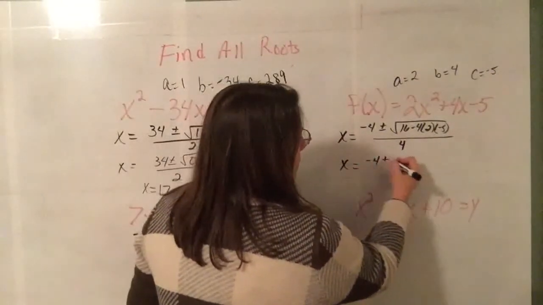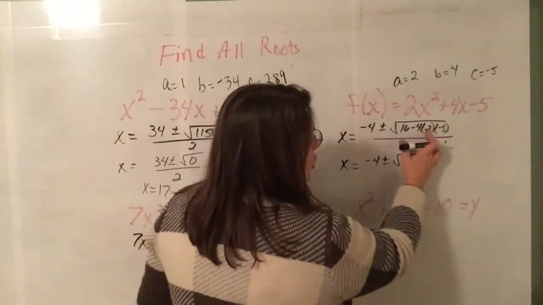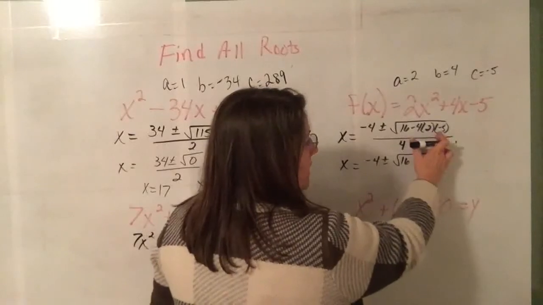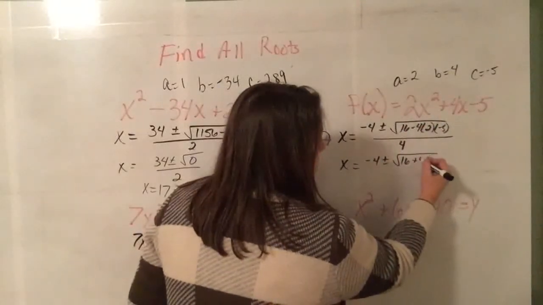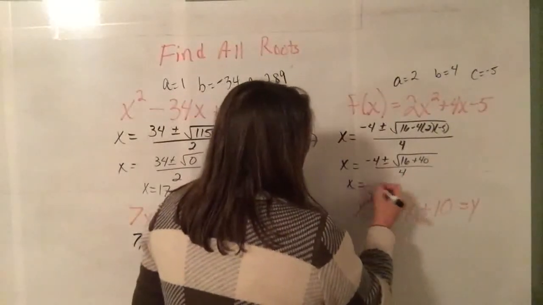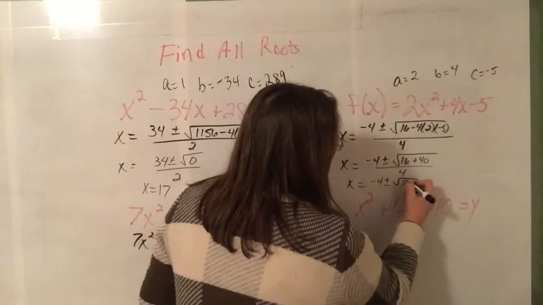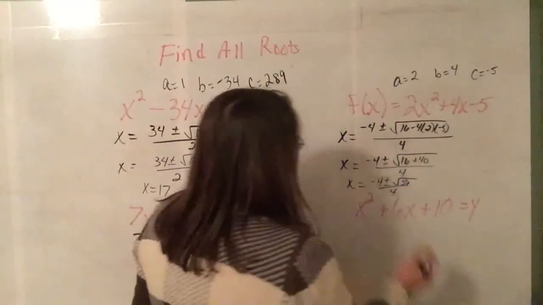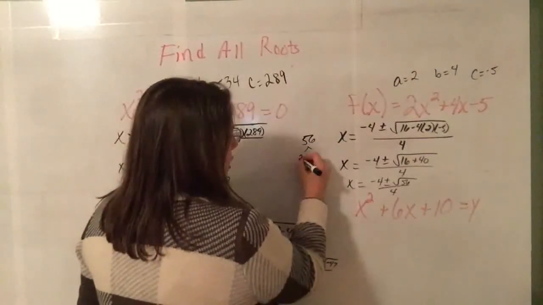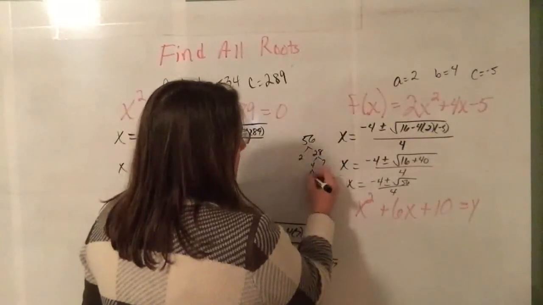We've got negative 4 plus or minus the square root of 16. 4 times 2 is 8, times negative 5 is negative 40. So we've got minus negative 40, which is plus 40, all over 4. And we have x equals negative 4 plus or minus the square root of 56 all over 4. Now let's think about that. 56 can be broken down into a 2 and a 28. 28 is a 4 and a 7, and 4 is 2 and 2.